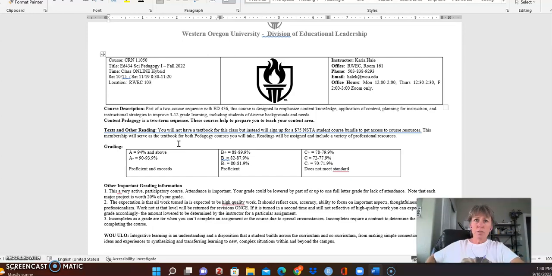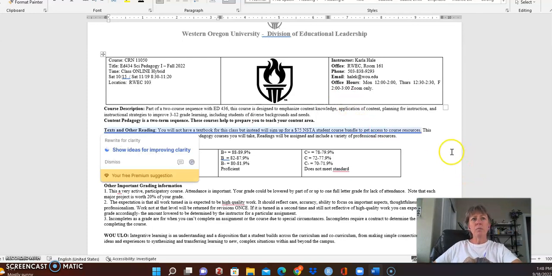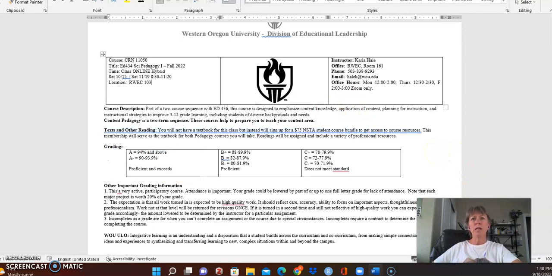I know it's a little more expensive than we would hope, but spread out over 2 terms, it makes it a little more reasonable. You will see on Canvas specific instructions for how to sign up for that resource, and I'll go over that in just a second.